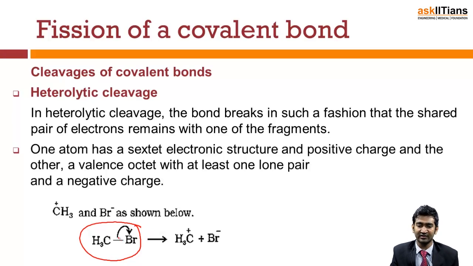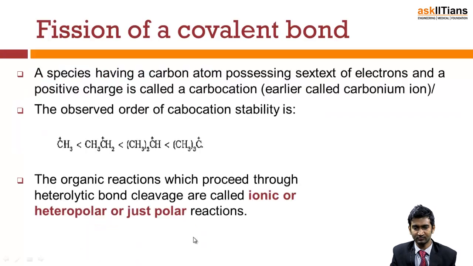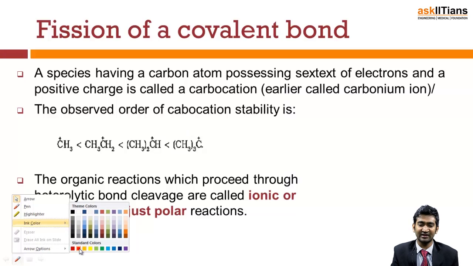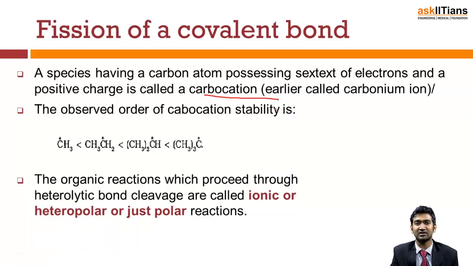So the electrons will shift to Br, and it will acquire Br negative and CH3 positive. A species having a sextet of electrons and a positive charge is known as a carbocation. So the CH3 positive which was obtained is nothing but a carbocation or carbonium ion.